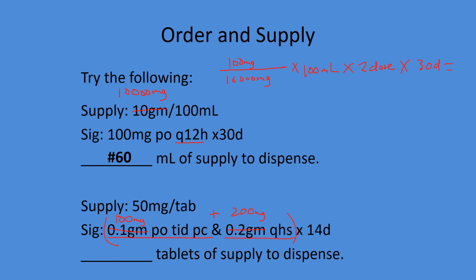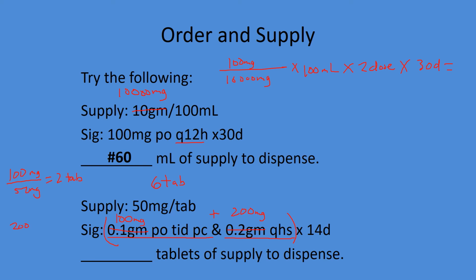So it takes 2 tablets here, order over supply, 100 milligrams per order, TID. Our supply is 50. So that's going to take 2 tabs per dose. So your 2 tabs times 3, well, that's 6. So your meal doses are 6 tabs in a day. But at night, you still need 200.